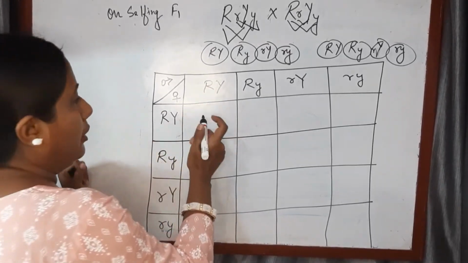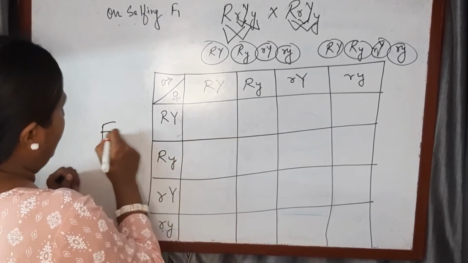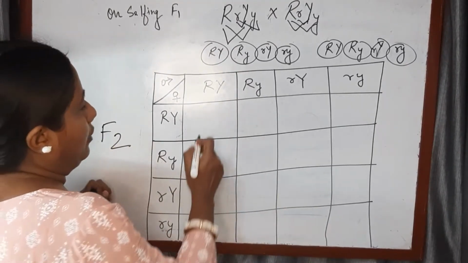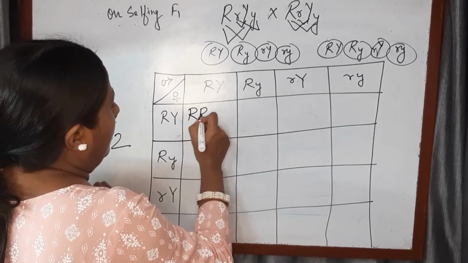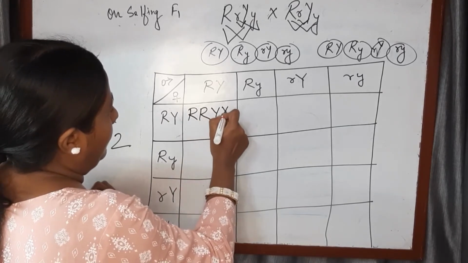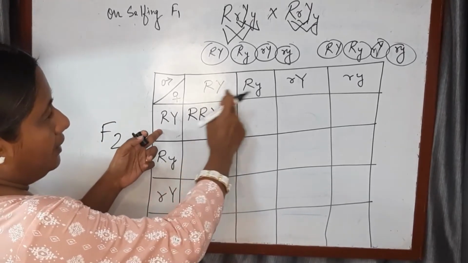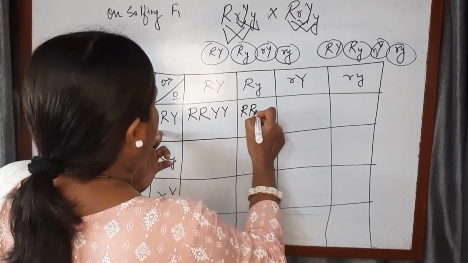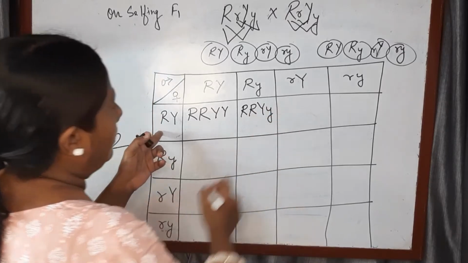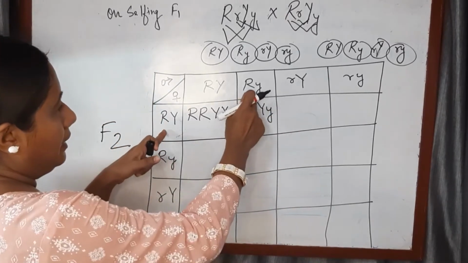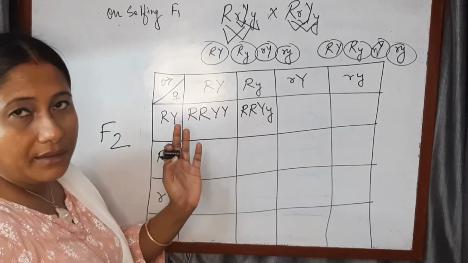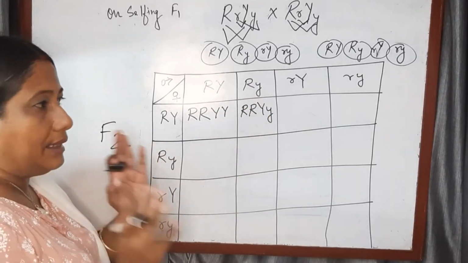Now, what is the combination? What will be the F2? So this is the F2 generation, the left side of the Punnett square. Capital R, capital R, capital Y, capital Y. These two will be crossed next: capital R, capital R, capital Y, small y. And one more thing, while writing capital and small letters, do write them properly and neatly.